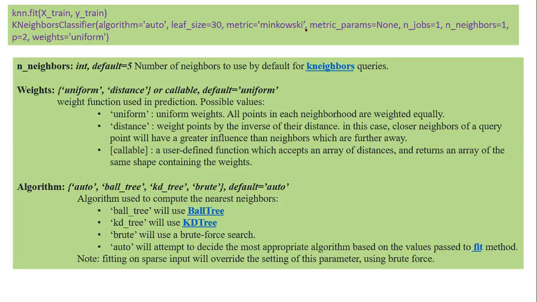So when you measure the distance, which formula are you going to follow to find the distance? There are three different ways to measure the distance, and one of them is Minkowski. Metric parameters: none, n_jobs equal to 1, n_neighbors, p equal to 2, and weights is uniform. So these parameters are explained here. You can go through this.